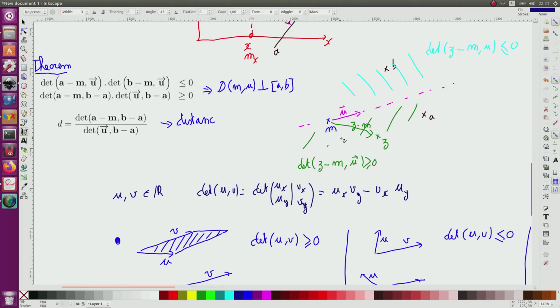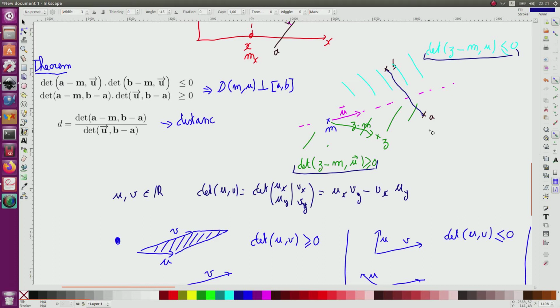So we have understood that with M and U, we define two half-planes, one defined by this inequality, one defined by this inequality. We can understand that the laser from M with the direction U will intersect the segment AB if A is in one of the half-planes and B in another.